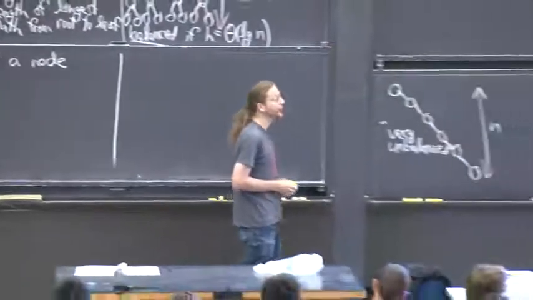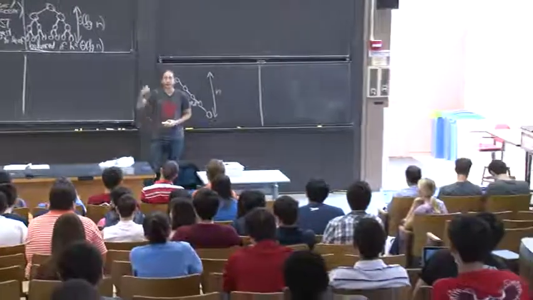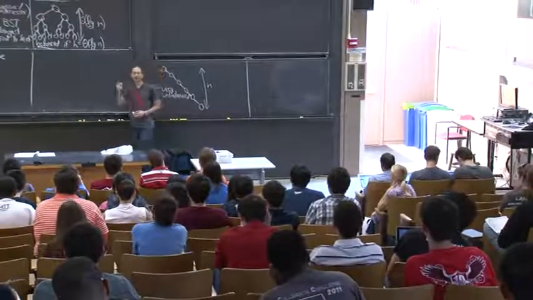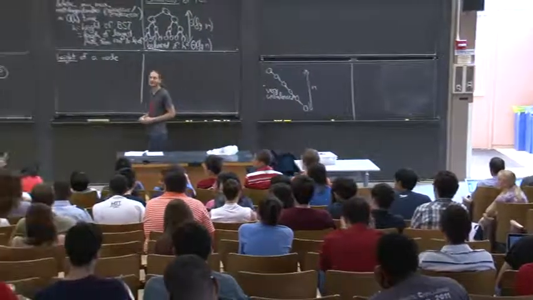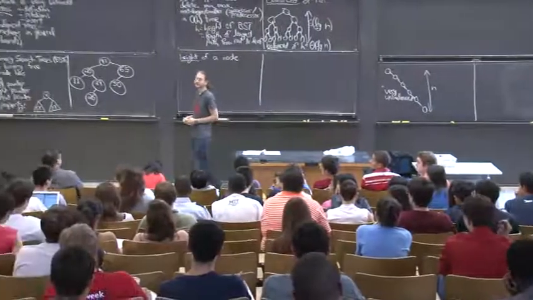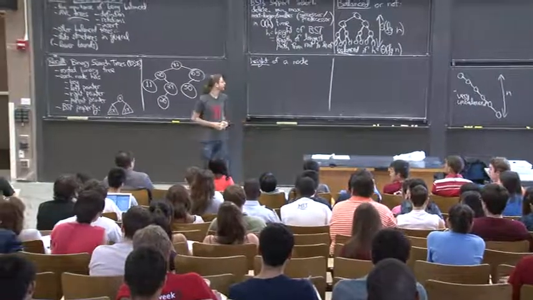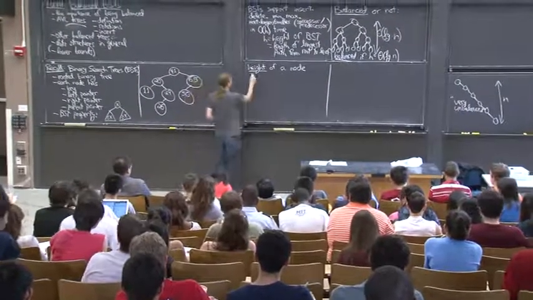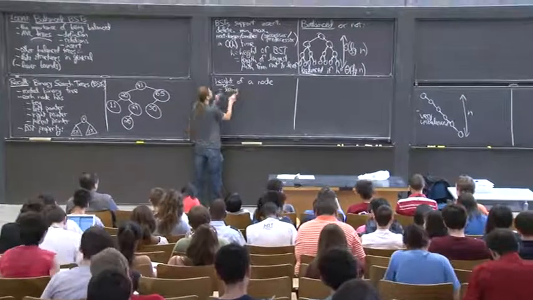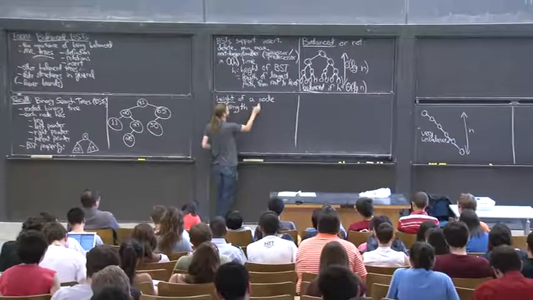Distance from it to the root? That would be the depth. So depth is counting from above. Height is... Yes, longest path from that node to the leaf. That's why I wrote this definition, actually.